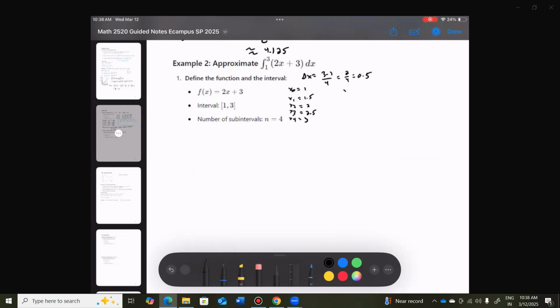So x sub 1 bar is the average of 1 and 1.5, so it'll be 1.25. x sub 2 bar is between 1.5 and 2, so it'll be 1.75. x sub 3 bar is 2.25, and x sub 4 bar is 2.75.